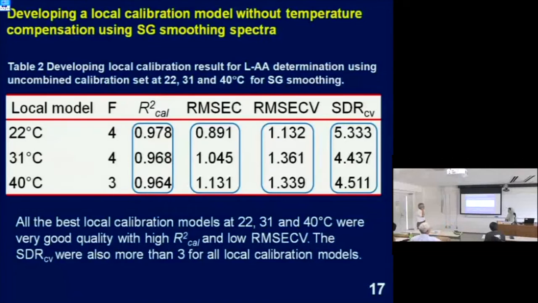So no need to say without temperature compensation. Yes. Okay. Right.